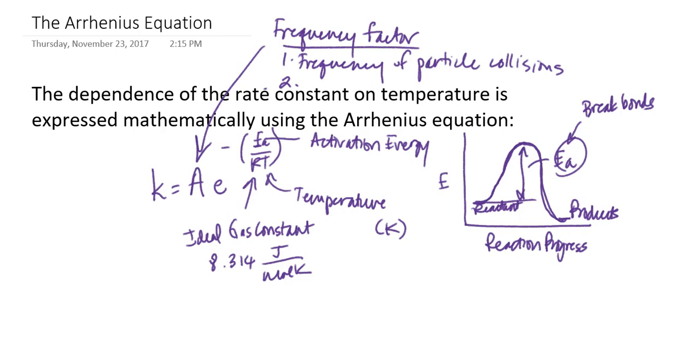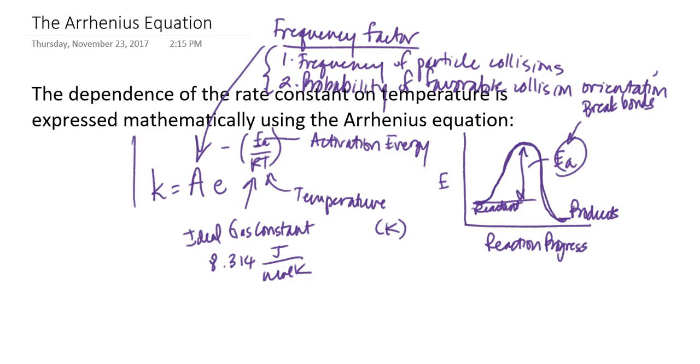In addition, it also tracks the probability of favorable collision orientation. In other words, are the reactant particles situated in space in such a way that the chemical reaction we want actually occurs? Both of these factors are rolled into what we call the frequency factor.